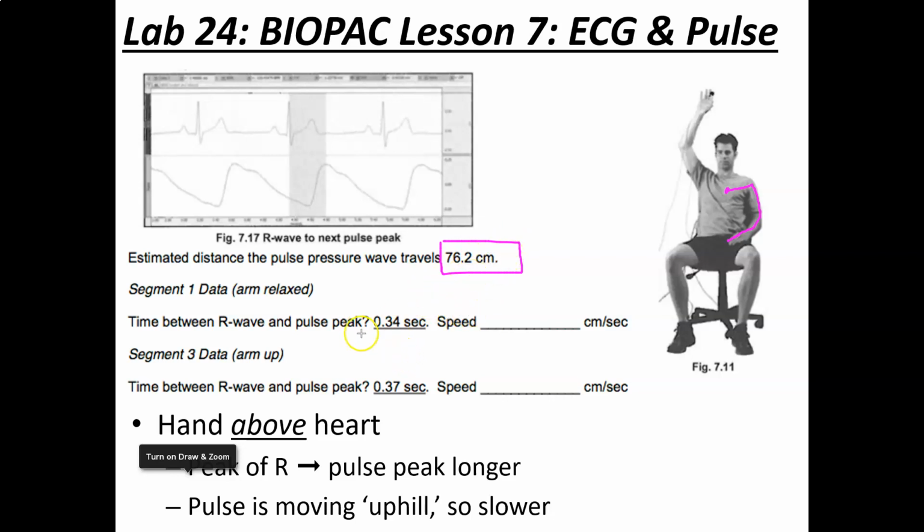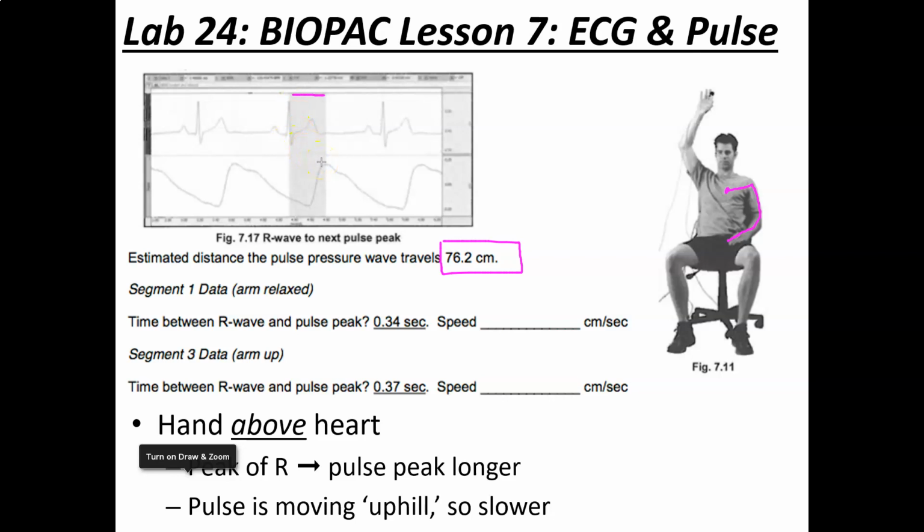And then we also measured, at different times and under different circumstances, how long it took for that pulse pressure wave to get to the fingertip. We measured the peak of R, and you can see this highlighted area right here. We measured from the peak of the R to the peak of the pulse pressure wave, and that, from peak to peak, is the transit time.